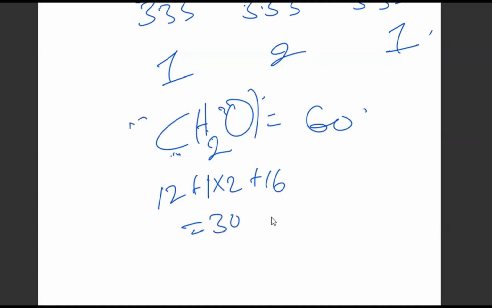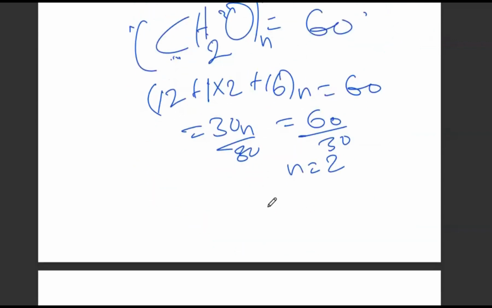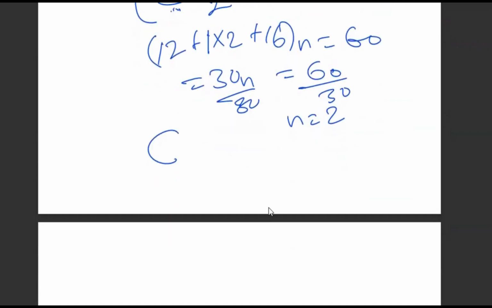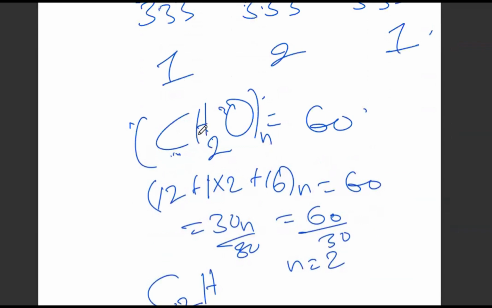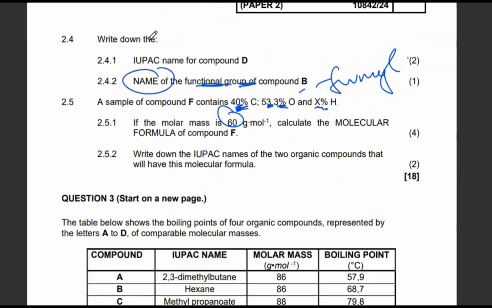I don't know how many of these there are, so I put that n there. 30n is equal to 60. Divide by 30, so n is equal to 2. So automatically the carbon is going to be 2, hydrogen is going to be 2 times 2, which is 4, and oxygen is going to be 2. So that is the molecular formula.